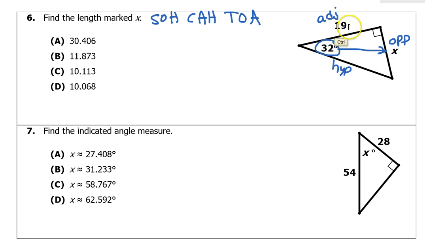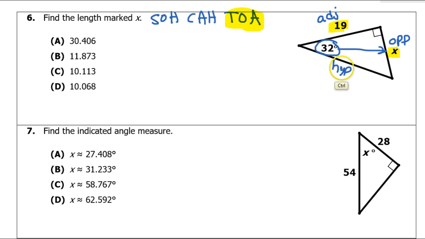Now the two sides that we're working with are the 19 and the x, the thing that we're given and the thing that we're looking for. That's opposite and adjacent, that's going to be toa. So that's the function that we're going to use.